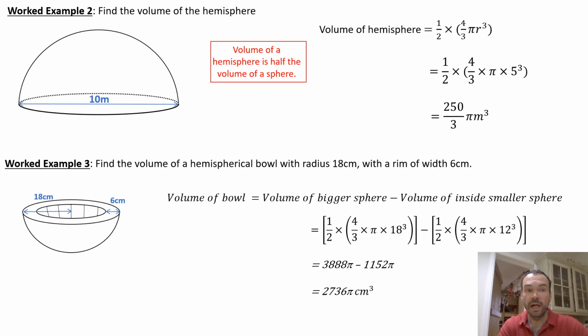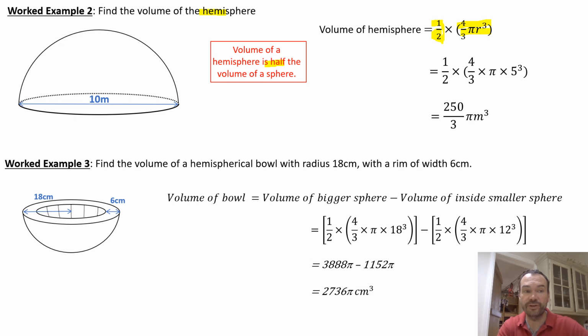Okay. As well as spheres, we can look at hemispheres, which are simply half of a sphere. Now, what you cannot do is simply use half the radius and get an answer. You have to do half of the original volume, and you'll see you get an entirely different answer.